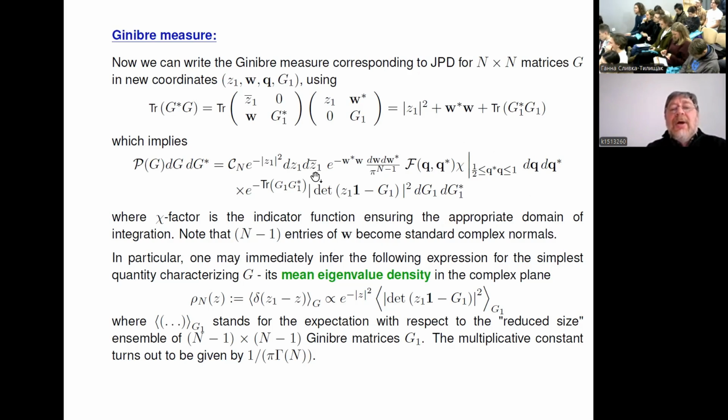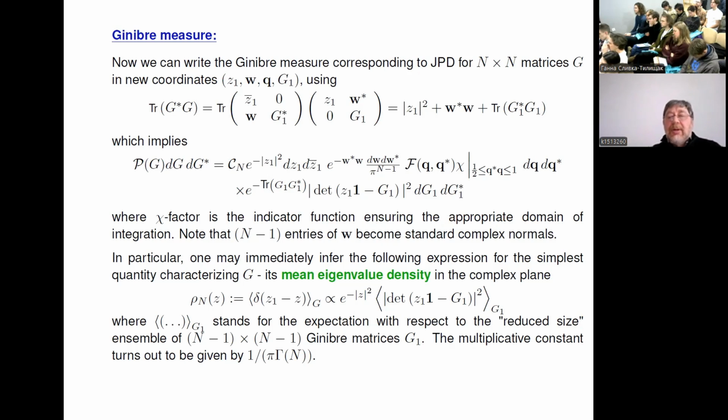And then we see that this lower block G1 in fact has the following probability density. It's like it used to be for Ginibre. So this block has the Gaussian weight, the trace of G times G conjugate, but it is also weighted now with this Jacobian factor, the modulus square of the characteristic polynomial.